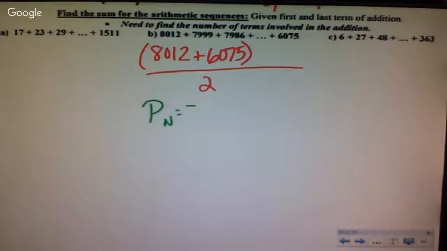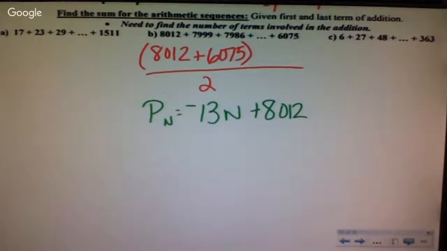Negative 13. It's going down by 13. What am I adding to that? 8,012. Good. My first term, which is 8,012. Okay? So now what? I need to figure out what position.